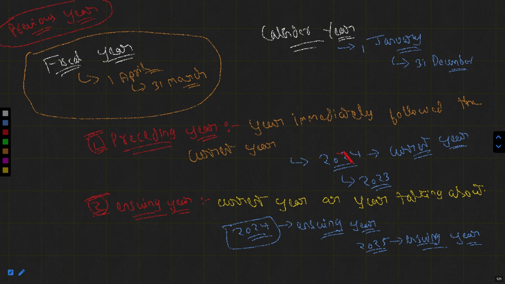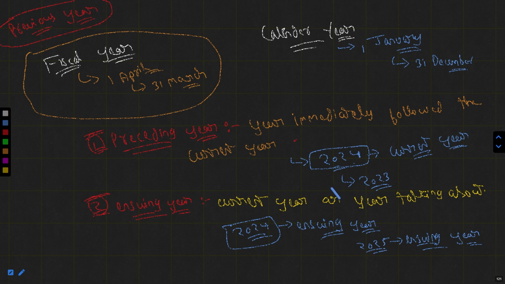If you're talking about 2024, the preceding year will be 2023, but the previous year could be any earlier year.